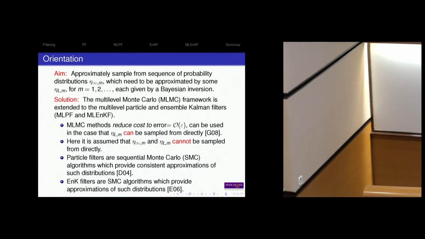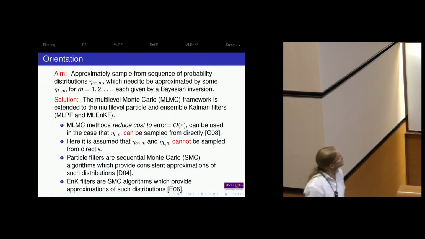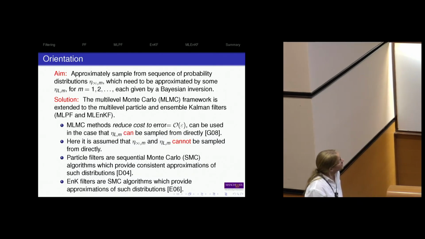I guess I should have written that. Here it's assumed that we cannot sample directly from the levels, and we cannot couple successive levels either. So particle filters are SMC algorithms that provide consistent approximations.